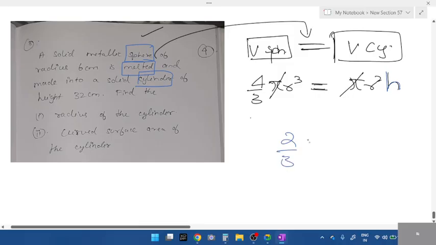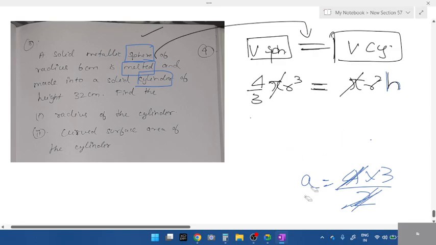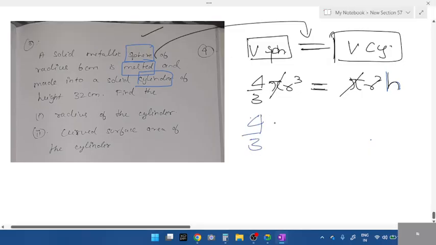If you have 2 by 3 a and 4, if you want to cancel a value, what do we do? 4, you multiply 3 and bring down 2, right? So can you see it gets reduced anyway? In the same way pi and pi also will get reduced, left hand side and right hand side. So don't convert into 22 by 7, it would get reduced. Only 4 by 3 is left. What is the radius of the sphere?